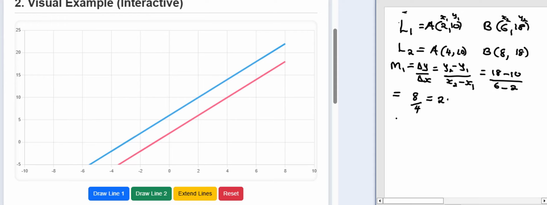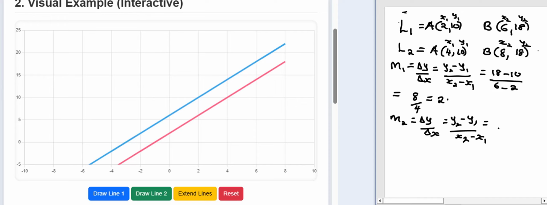How about the gradient of line 2? Let me call it M2. It is still change in y over change in x, which is given by y2 minus y1 over x2 minus x1. But here we already have all these values. So this is x1, this is y1, this is x2, and this is y2.